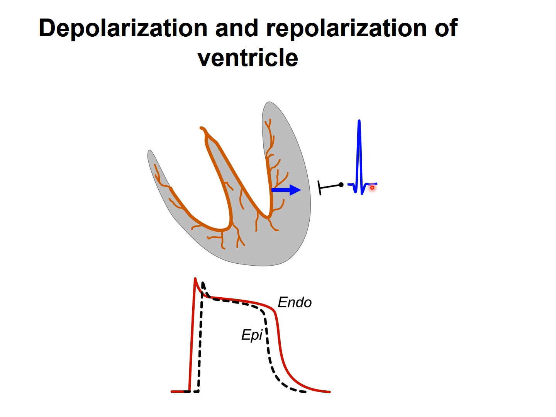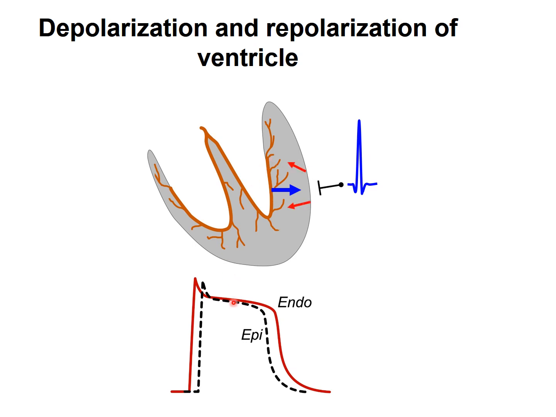The repolarization is the opposite of what I said before. It is not cell-to-cell repolarization, and the repolarization doesn't go from the endocardium to the epicardium. But in a normal heart, the repolarization starts in the epicardium and goes toward the endocardium.